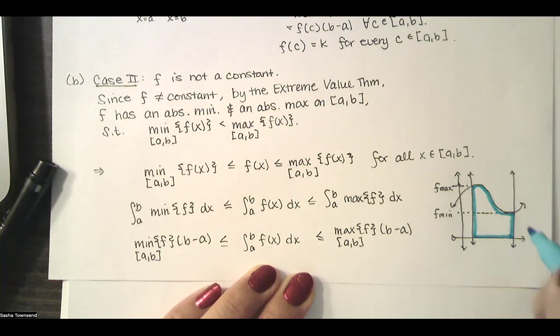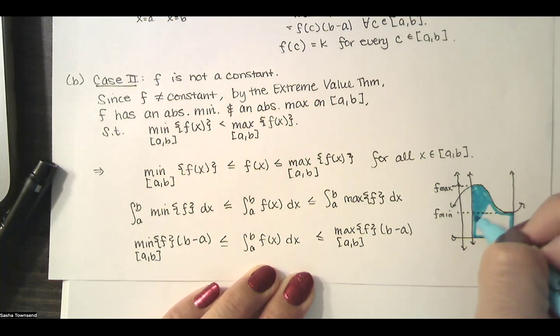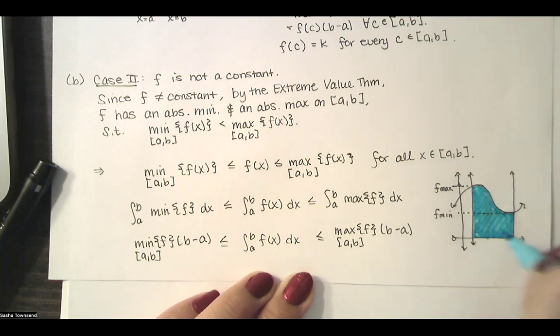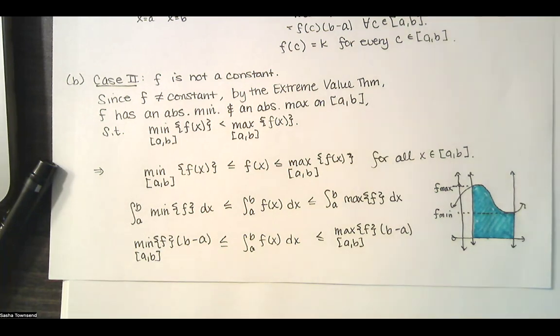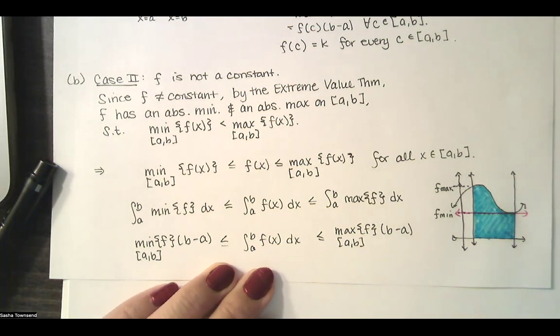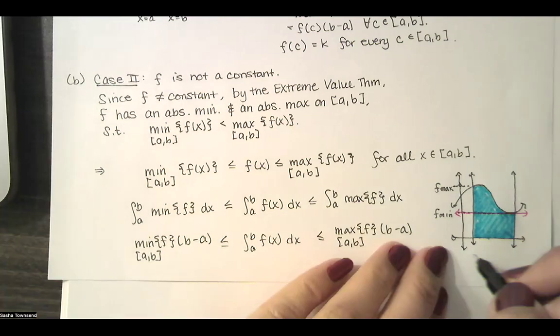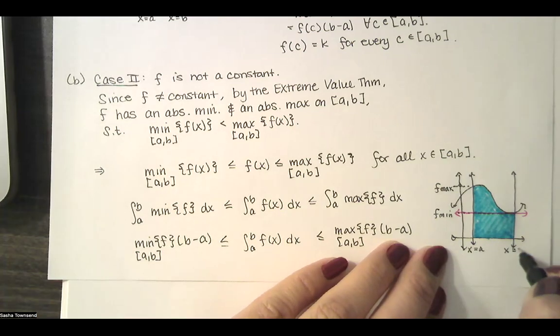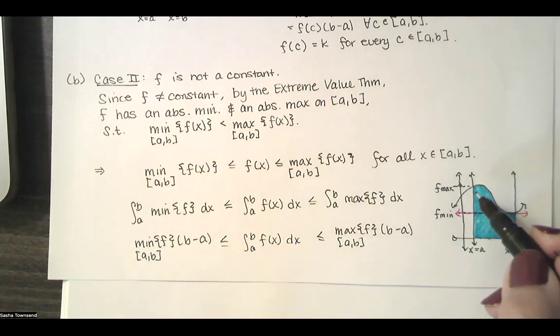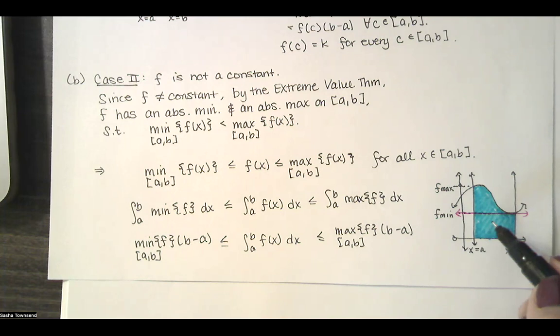The area under the curve is that area. But if we compare that area with the area of this rectangle, the rectangle that starts at x equals a and ends at x equals b, and has a height of f minimum, obviously the area under the curve for f of x is greater than the area of this rectangle.